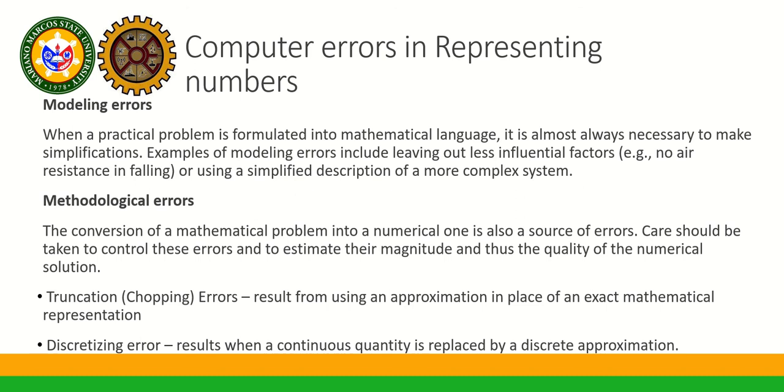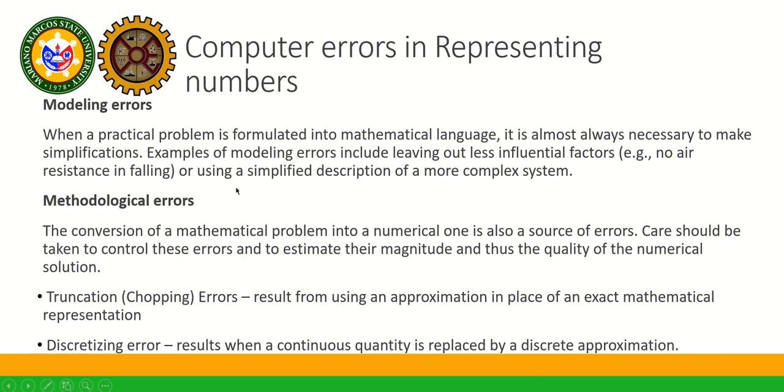Okay. So, we have computer errors in representing numbers. The number representations na ginagamit ng computer is napag-aralan nyo sa digital electronics. Those are the ones and zeros. Okay? So, modeling errors. When a practical problem is formulated into a mathematical language, it is almost always necessary to make simplifications.